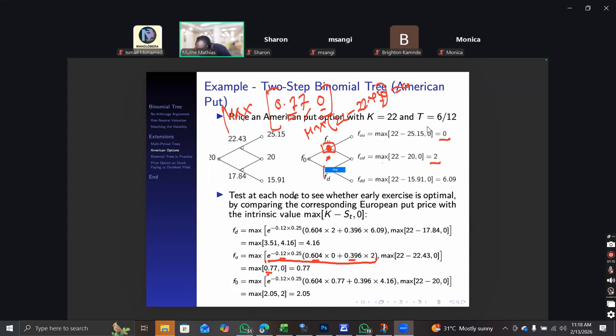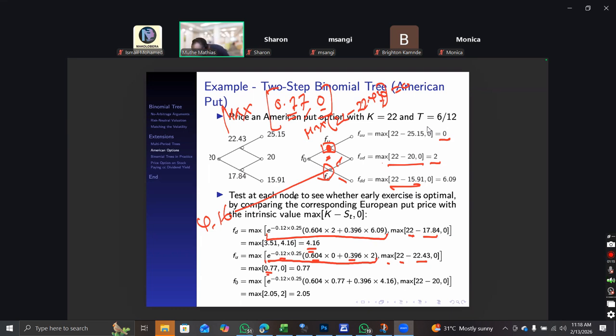So before we said, okay, let us combine these two things with the probability and then discount them back. So we had this part here in the downside. Si ndio, ambapo the value ilikuwa ni ngapi? Ilikuwa ni 4.16. Si ndio? Here I know kama nikiwait until maturity I will get 4.16 in the current values according to that point, but ni exercise immediately I will get maximum ya 22 minus 17.84.